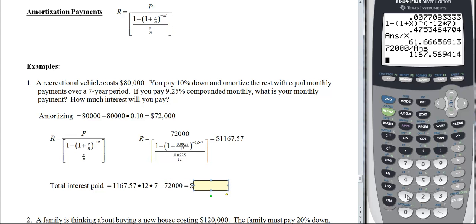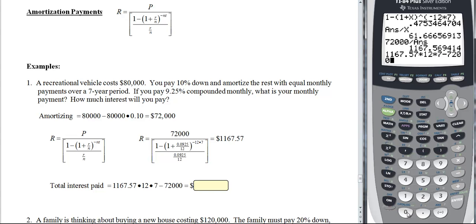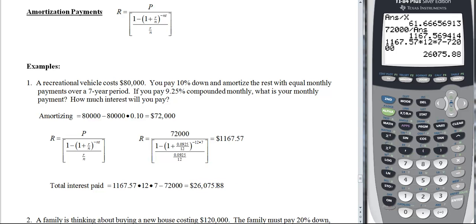Okay, so 1167.57 times 12 times 7 minus the amount borrowed. Maybe I'd get a cheaper recreational vehicle. But anyway, when you do this, remember, this is the money. If you had not gotten it, the bank would have possibly invested it for even more. But you're paying for the use of that money.